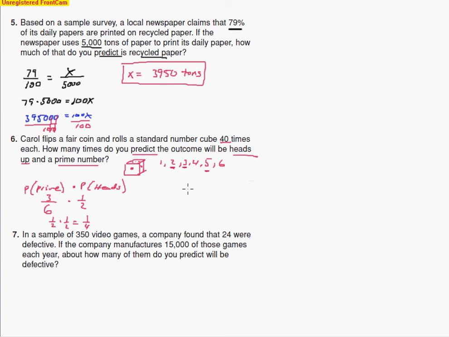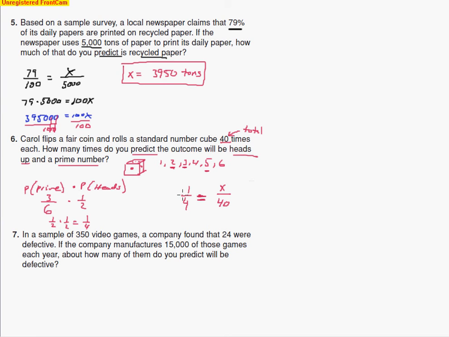So let's go ahead and set up our proportion. That's what our probability is, but we're going to set this equal to 40 on the bottom, because this represents our total. That's how many times we're going to end up rolling it over, and then x is going to be the number of times that it ends up landing on heads and being a prime number. And then from there, we can go ahead and do our cross multiplying.